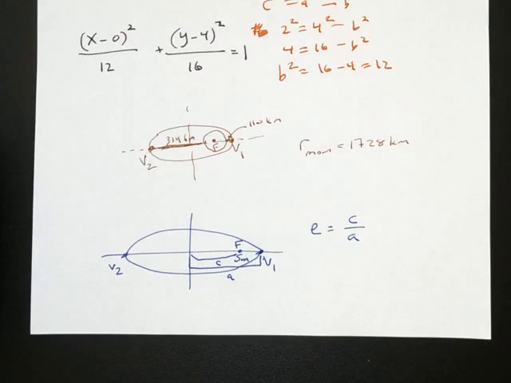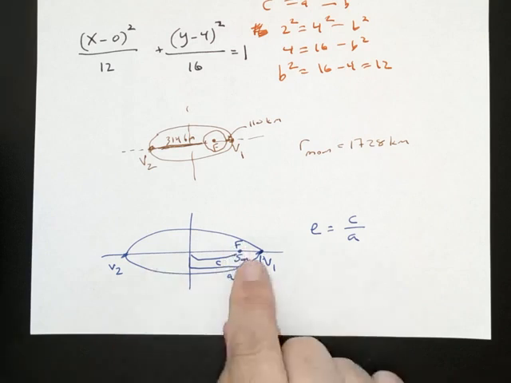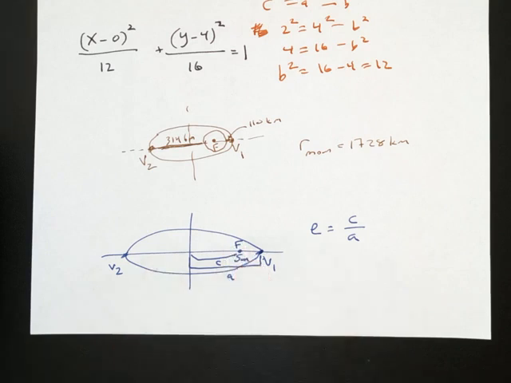They give me one other piece of information about this ellipse. What do they give me? And isn't that all the way across? So you know half of it, that'll give you a. Then when you know c, you can figure out how close we are. You're welcome.